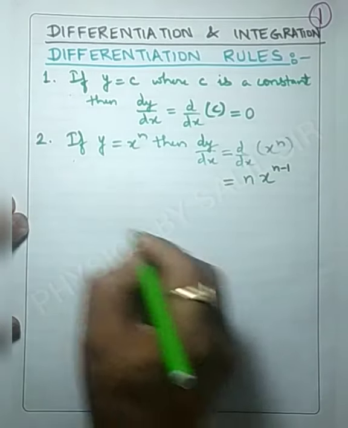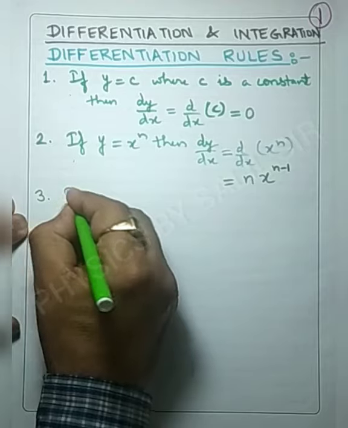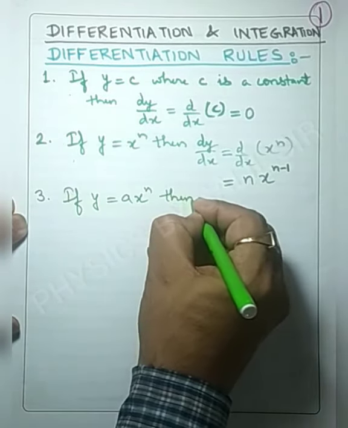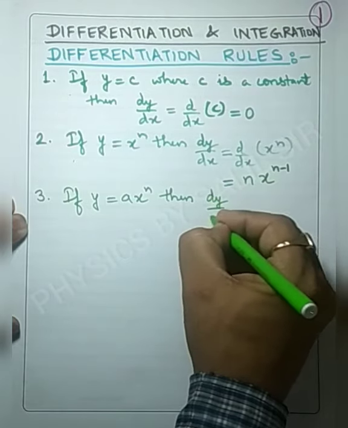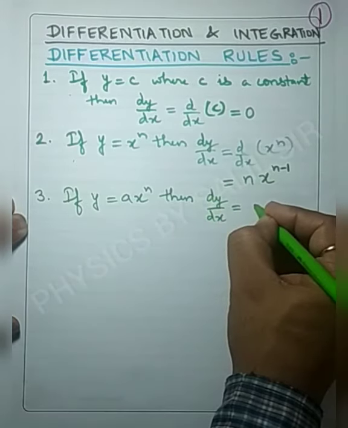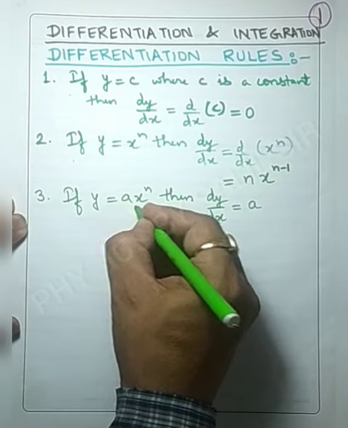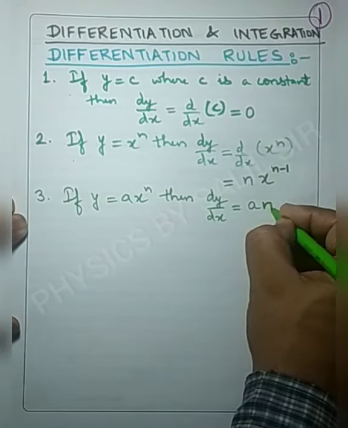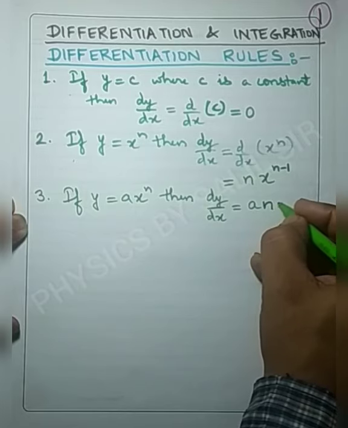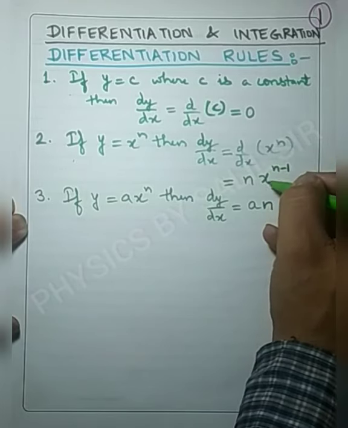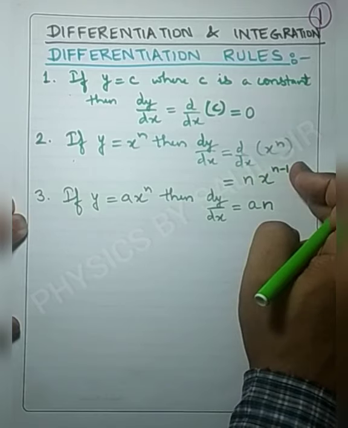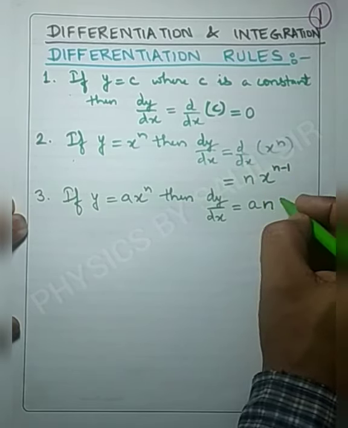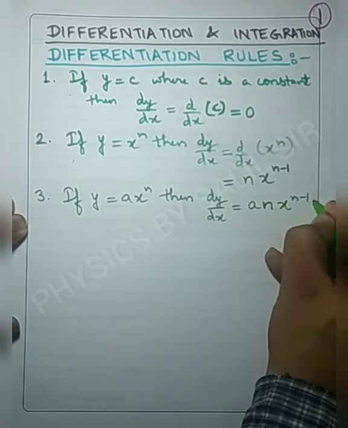Now third, if y is equal to a x to power n, then dy upon dx is equal to: a is already there, and we have to take the power in front of x, like in rule number 2, so it will be n x to power n minus 1.